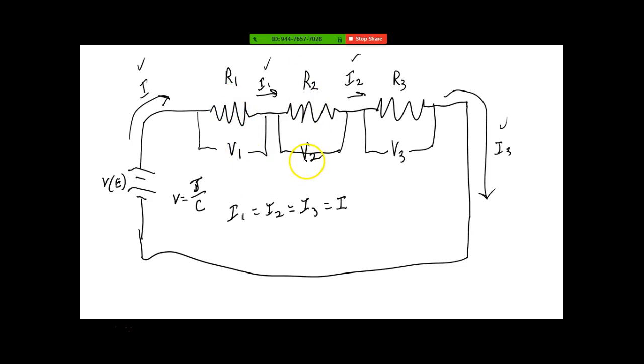This would be the energy used by that resistor. This would be related to the energy used by that resistor. So in effect, you can now say V1, the voltage drop across resistor 1, plus the voltage drop across resistor 2, plus the voltage drop across resistor 3, that's equal to the total voltage, or E, whichever you want to call it, of the whole battery over here.